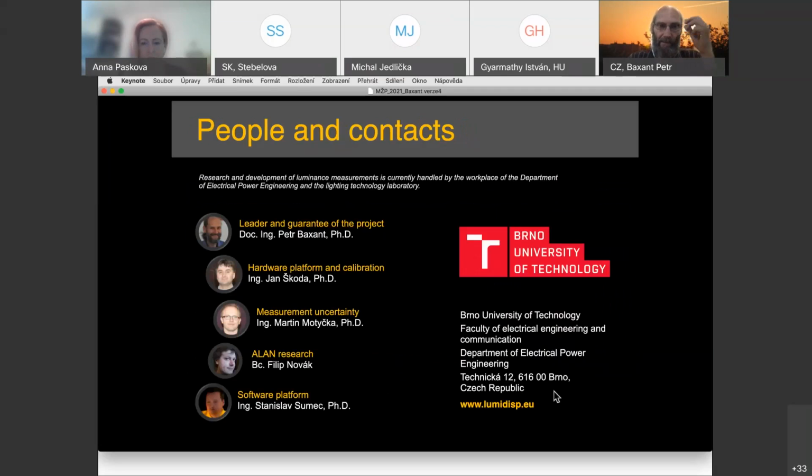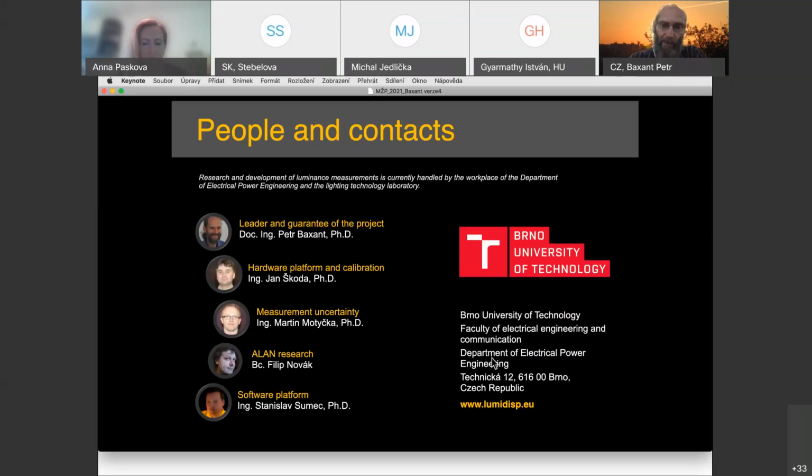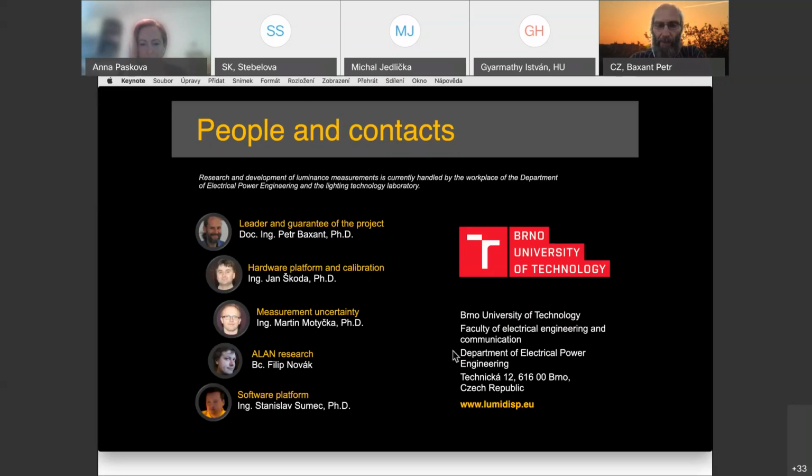This is our team of researchers at Brno University of Technology, where we work together with our colleagues and are still working on improvement of our technology and helping scientists find objective data from the environment.